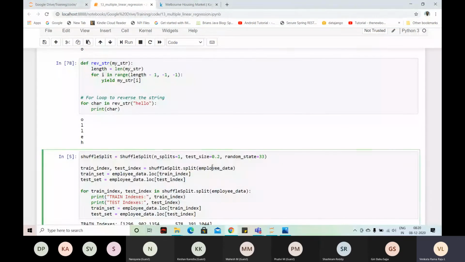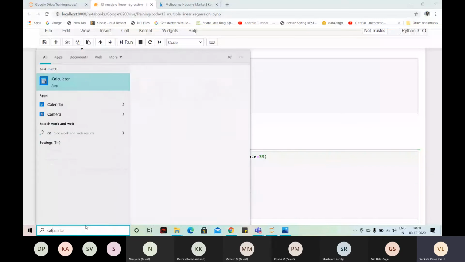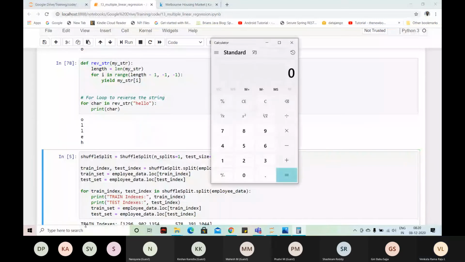Let me calculate that: 8 bytes each number, and we have 1 million numbers, that is 6 zeros. Divided by 1024 is kilobytes, divided by 1024 is megabytes. About 7 MB it is.